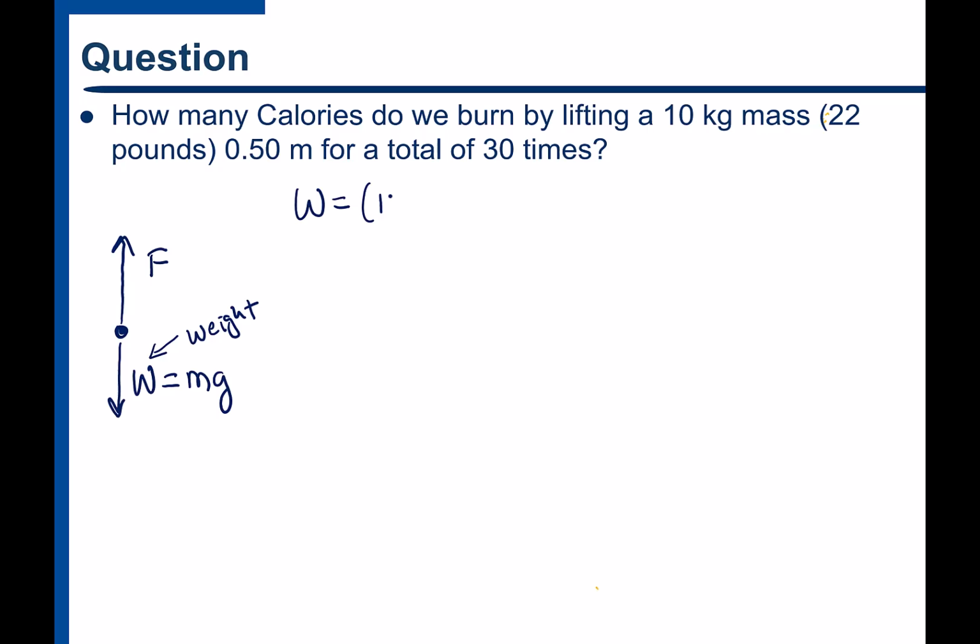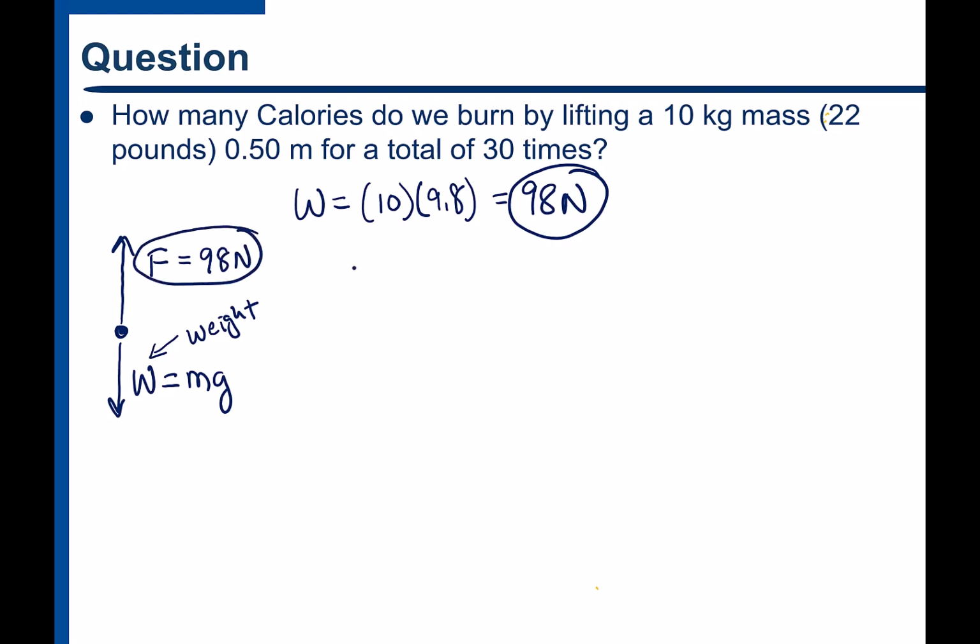That's 10 kilograms times 9.8. And so the weight of the object is 98, and that's newtons. So once we know the weight of the object, we know that the force we have to exert is also 98 newtons. And now we can calculate the work done to lift that weight by a certain distance.